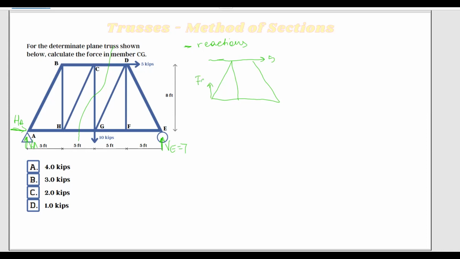F, C, G. This is F, C, D. And then we also have this force over here, which is F, G, H. There's also a force pulling downwards of 10 kips. This is 5 kips.